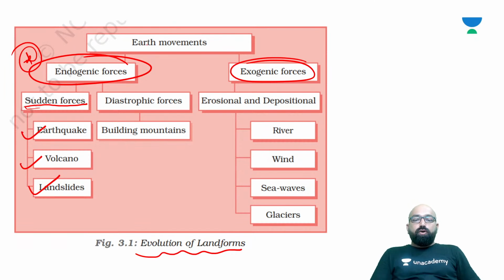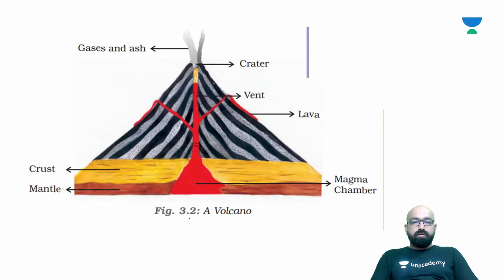A volcano is a vent, that is an opening in the earth's crust through which molten material erupts suddenly. See a volcano. This is the magma chamber.